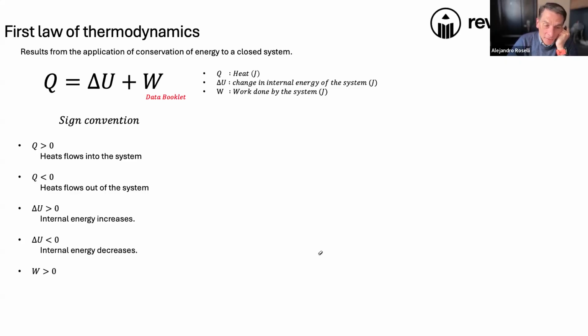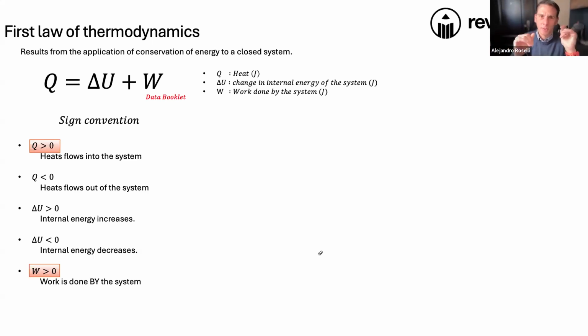Now for W, we have a positive value of work. This might be the trickier one, I think. Work is done by the system. The system is doing work on the surroundings, on the environment, on the outside. If it's too confusing, it's a personal thing, I find it easier to remember that on a thermal engine, the typical steam engine situation, you put heat in and you expect work to be done.